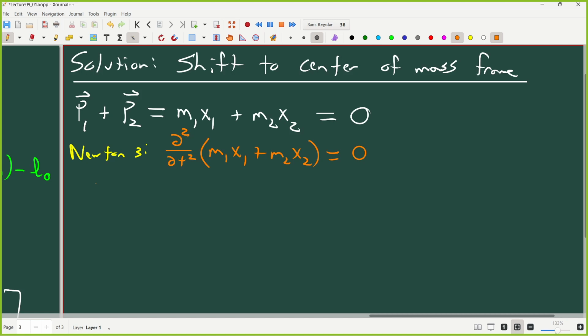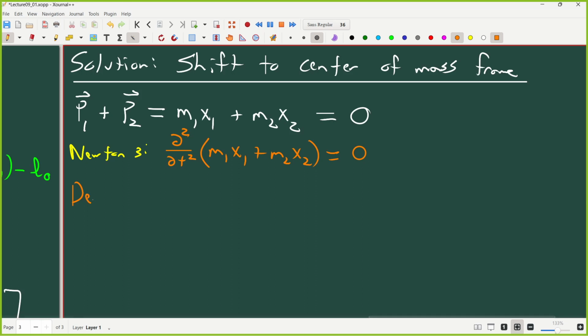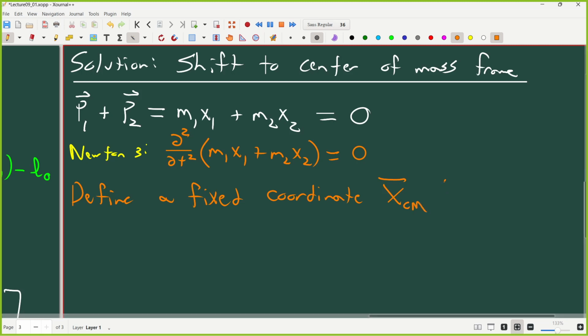So what we can do is define a fixed coordinate, which I will call big X with a CM, which means the center of mass coordinate.